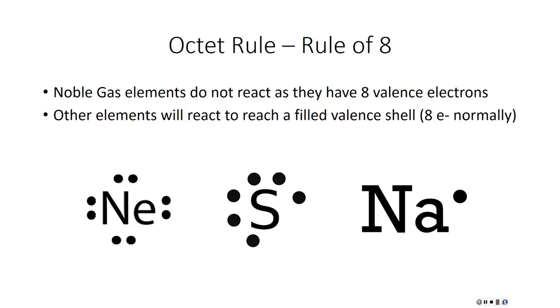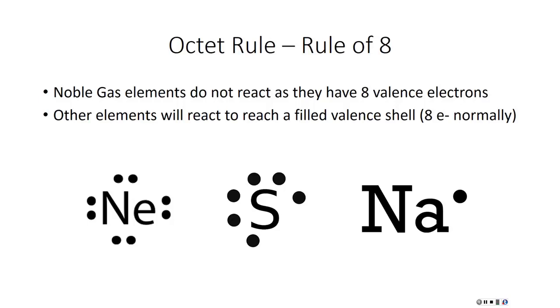So this brings us back to the octet rule. I think I mentioned this a little bit in the last chapter, but what the octet rule says is that elements are going to react so that they have filled valence shells. And these filled valence shells would have 8 valence electrons for the most part. The first, hydrogen and helium, only have 2 in this filled shell, but we won't worry too much about that.